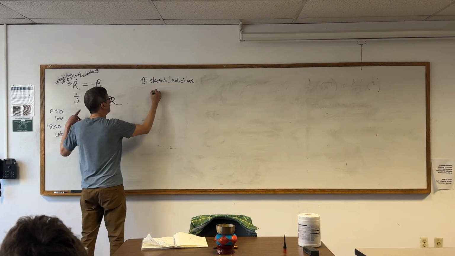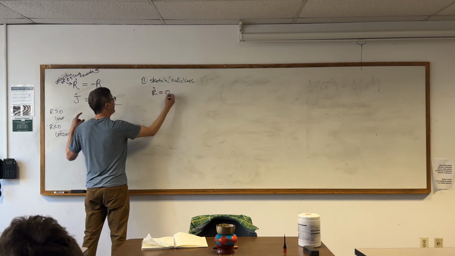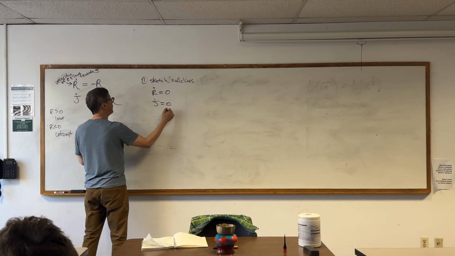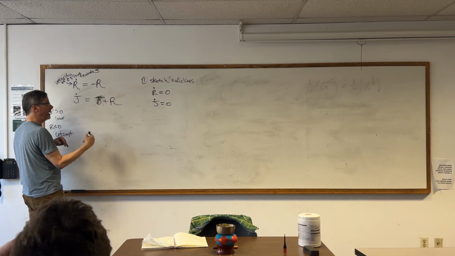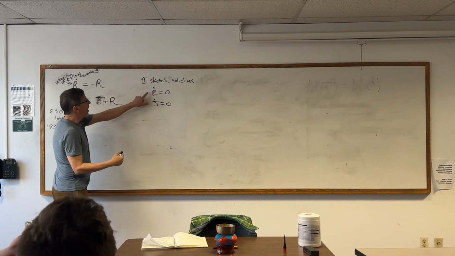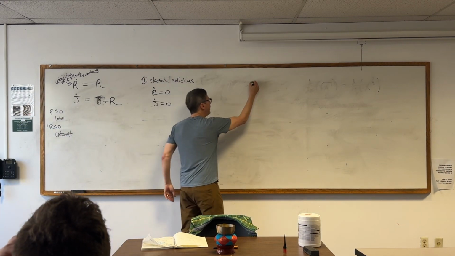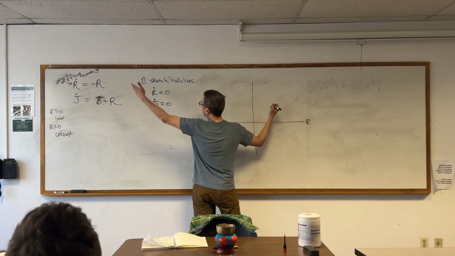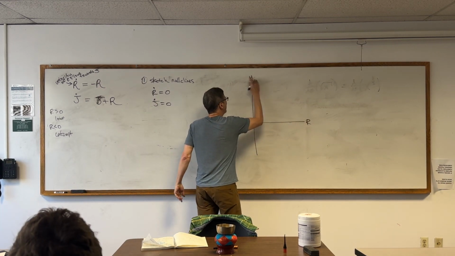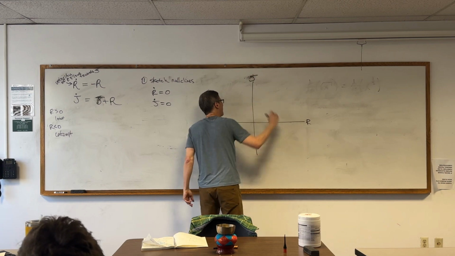So the nullclines, we're going to have an R dot equals 0, and we're going to have a J dot equals 0. And we're trying to find where those rates of change are completely 0. It depends on how we set the axes up. I'm going to make R the horizontal axis, just because I'm doing the XY thing, and that's how our brains work.